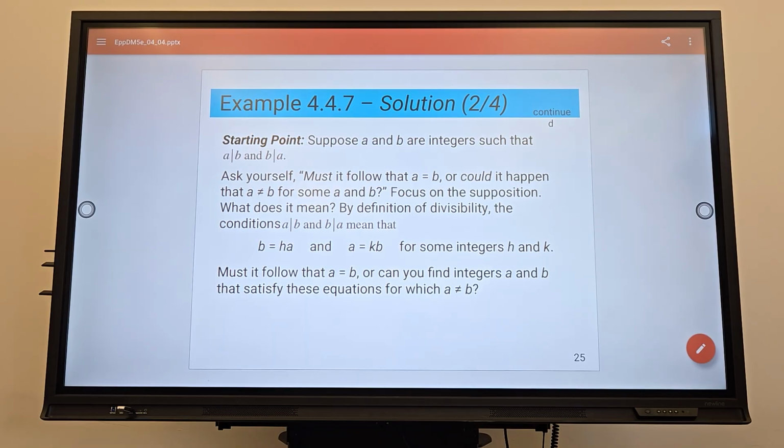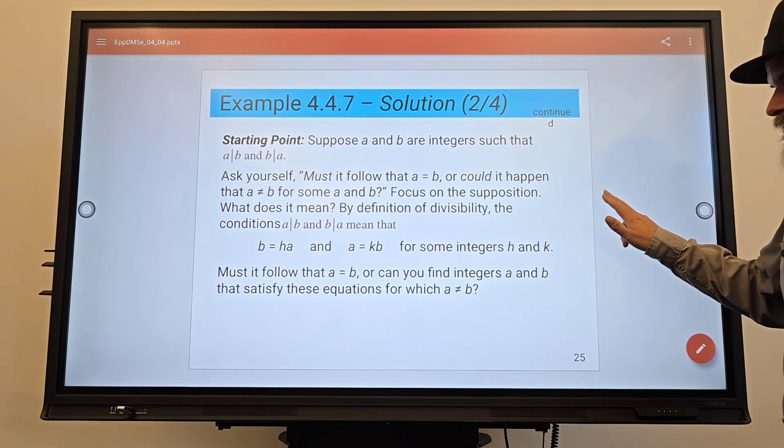It means that B equals HA and A equals KB for some integers H and K. Must it follow that A equals B, or can you find integers A and B that satisfy these equations for which A does not equal B?